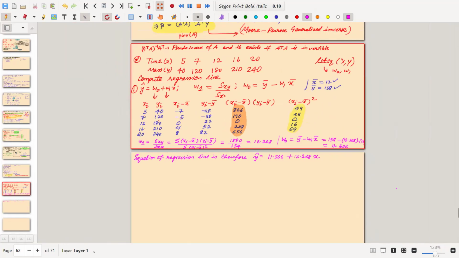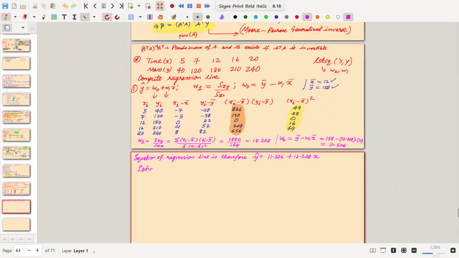Now, can I ask you the question that estimate the mass at time t or x, time is x, no? At x equals to 14 units. Then what's the mass? Y cap is the mass. So y cap, that is mass, is equal to 11.506 plus 12.208 into 14.